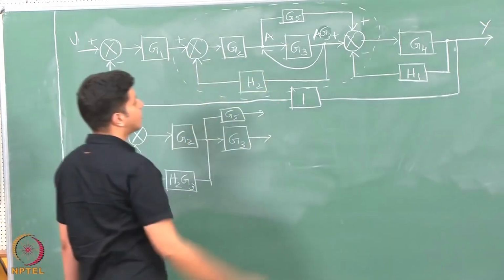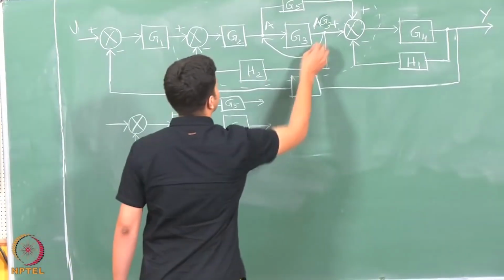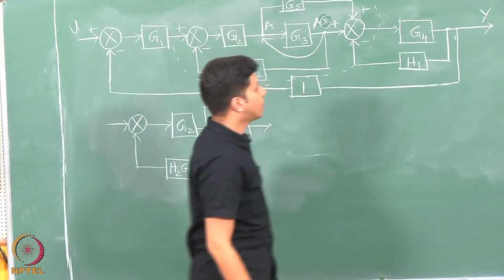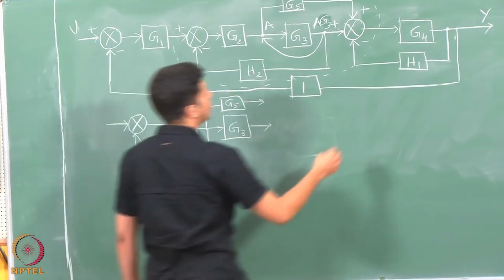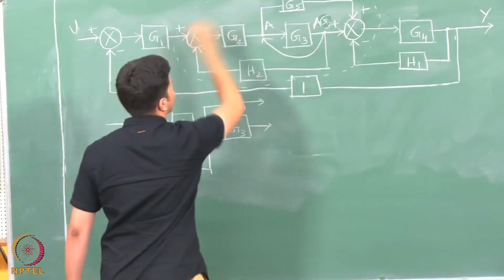So now we have a simple kind of diagram, this point here and this thing. So what we will do is we will apply the rules that we already know. We will find the transfer function of this block and this block.